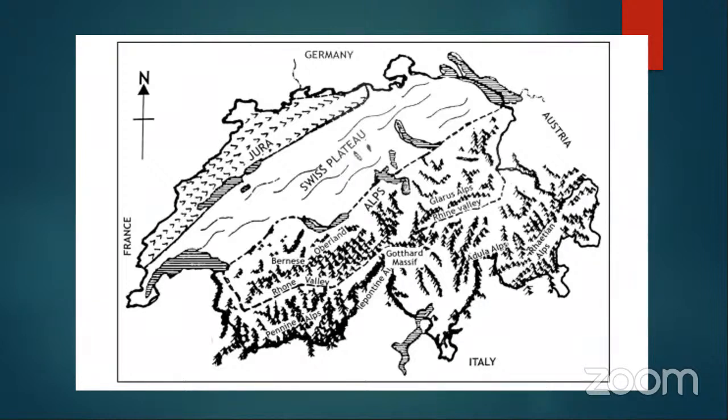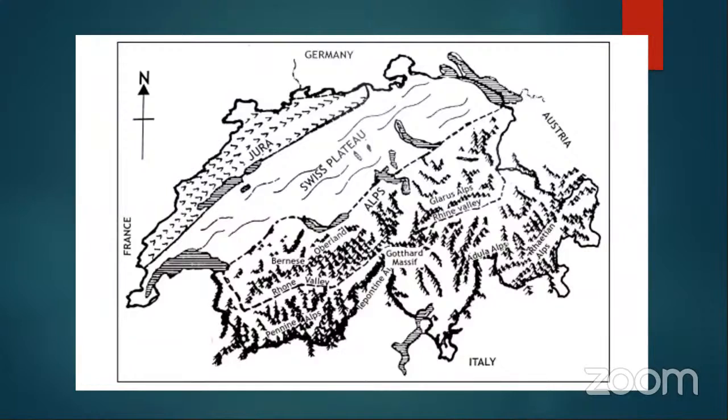And then we have that lower part. The lower part, who can tell me the name of the lower part? We have mentioned the Jura. We have mentioned the Swiss Plateau. And now the remaining part is, yes, Joshua Irene. Alps. Thank you.